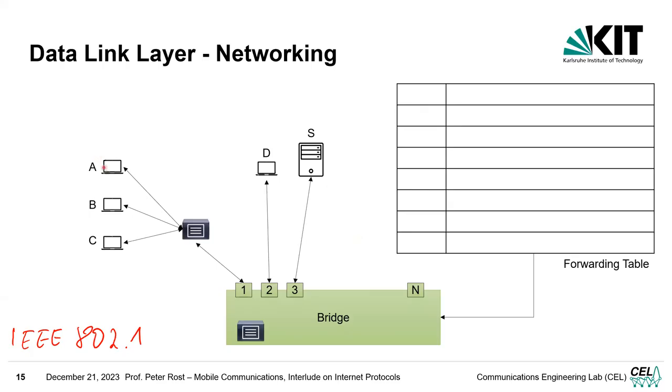And in order to fill this table, take again this example that A wants to communicate with S. Then A would get data intended for S. And then A doesn't know where S is actually located. So it would send a request, a broadcast message: where is S located? Then this question is forwarded on each port.